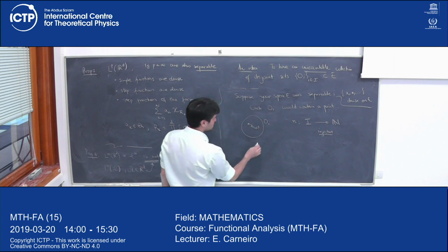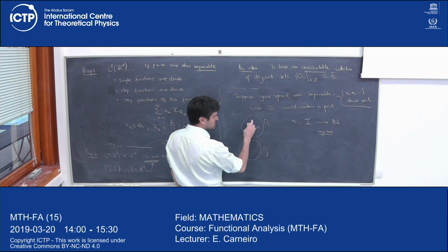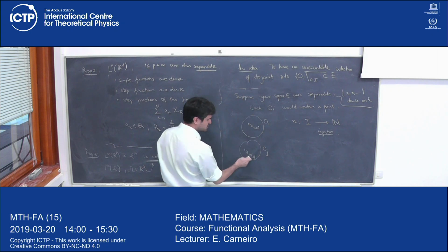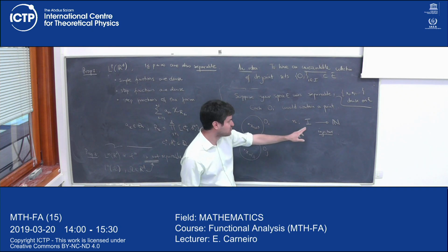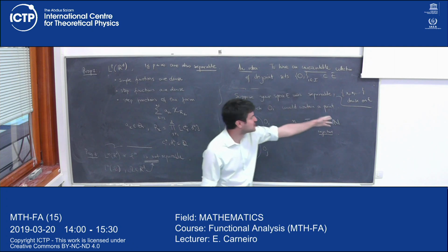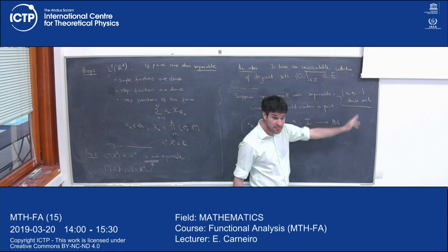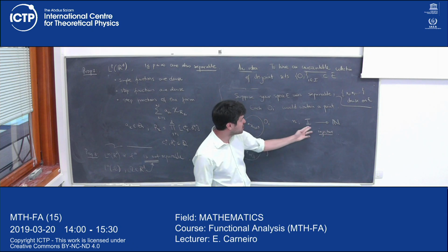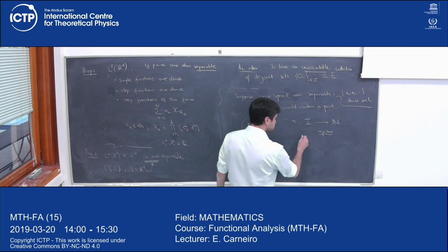If you have your set O_i here and the set O_j here, the choice of x_i that is inside here is certainly not the same as the choice of x_j that is contained in here. So you find yourself with a map that for each open set chooses a point that lies inside, which exists because you're assuming density. But this map that you constructed is injective, and you cannot have an injective map from an uncountable set into the natural numbers. So this is your contradiction.